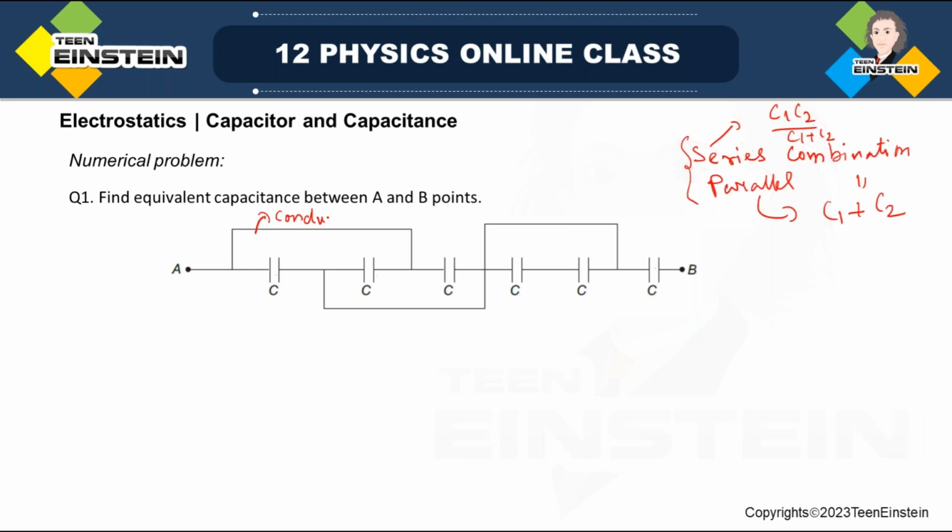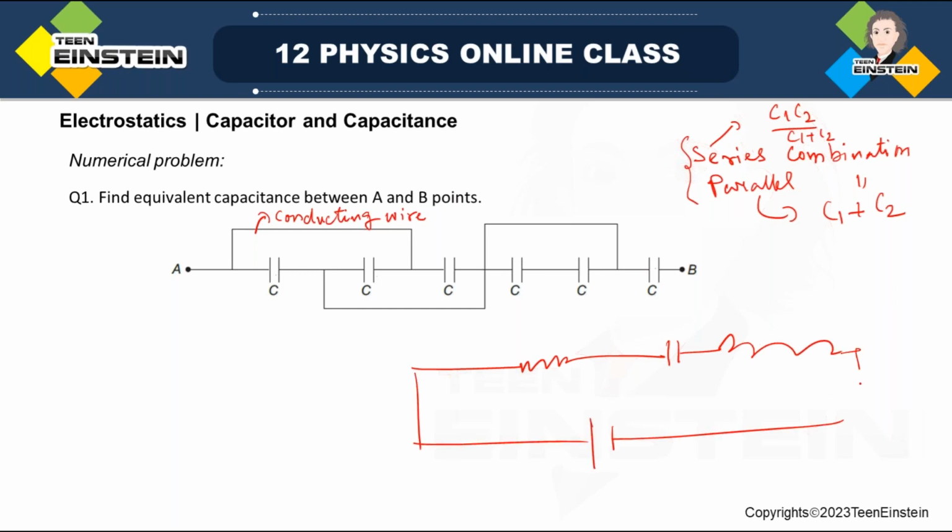Whenever I have some general circuit like that, and some part of it is connected by a conducting wire, that means this is shunted.